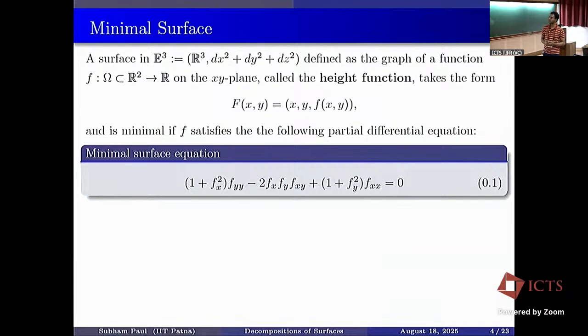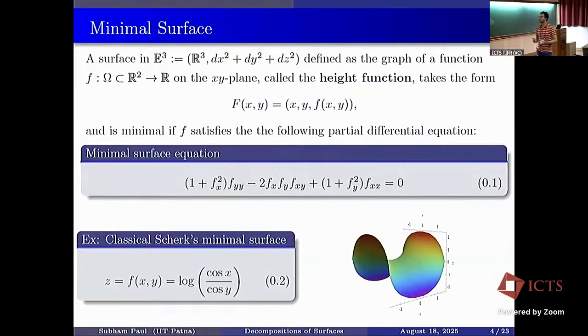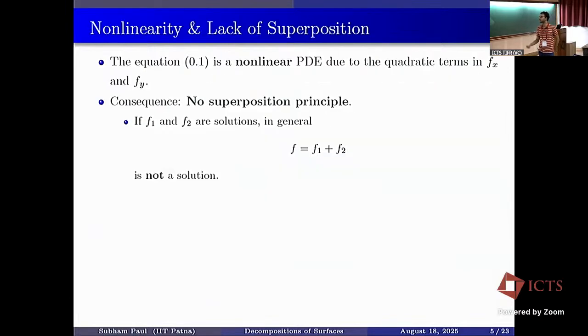If a function f, defined in some domain omega of R2 to R, is called a height function, and it parameterizes the surface by capital F(x, y) = (x, y, f(x, y)), it will generate a zero-mean curvature surface if it satisfies the following partial differential equation, the well-known minimal surface equation given by equation 0.1. One of the well-known examples of this surface is the classical Scherk minimal surface, and this is the expression, and this is the well-known saddle-like figure for this Scherk minimal surface.